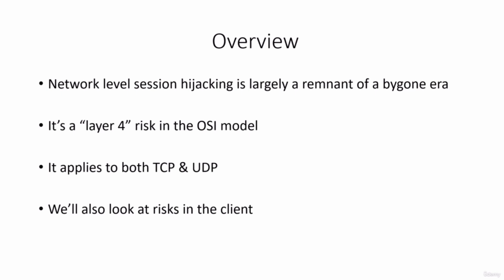And finally we are going to take a look at the risk on the client. So we are going to talk about a man in the browser attack, where client software is compromised. So not the application, not the network, but the browser running on the victim machine.